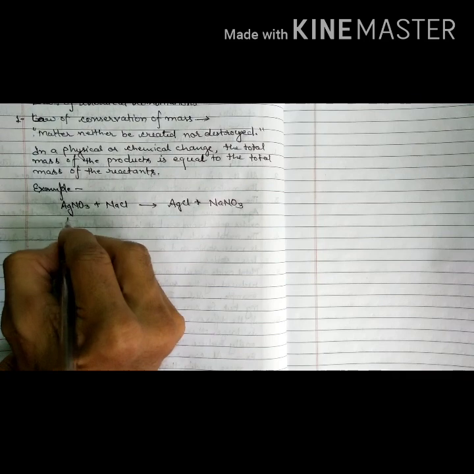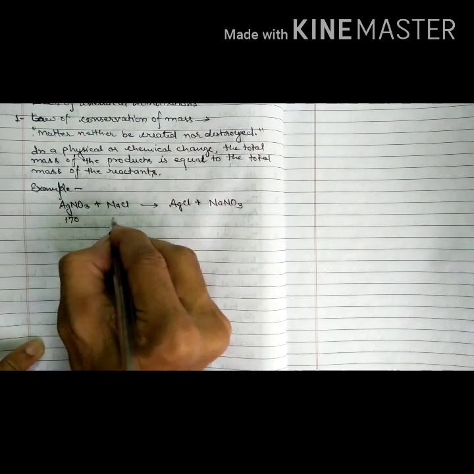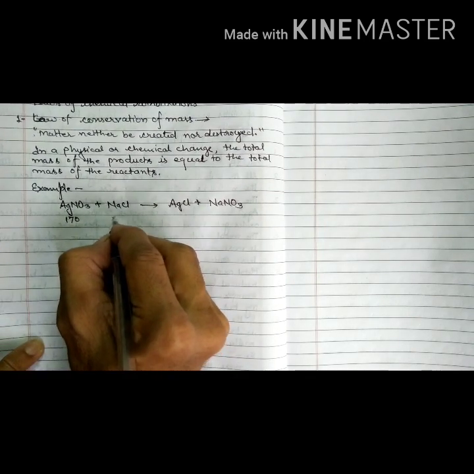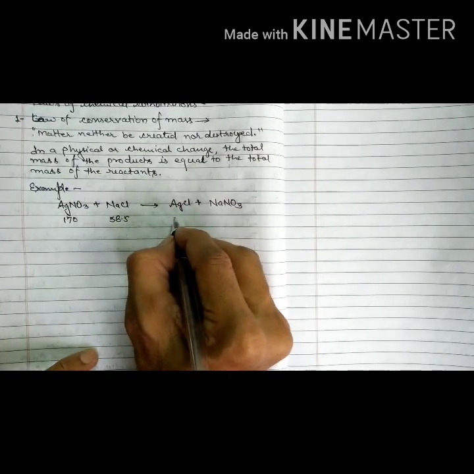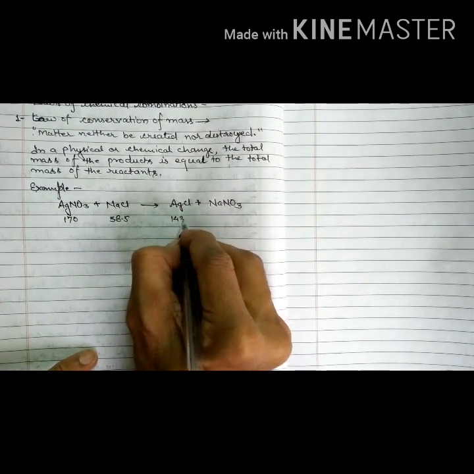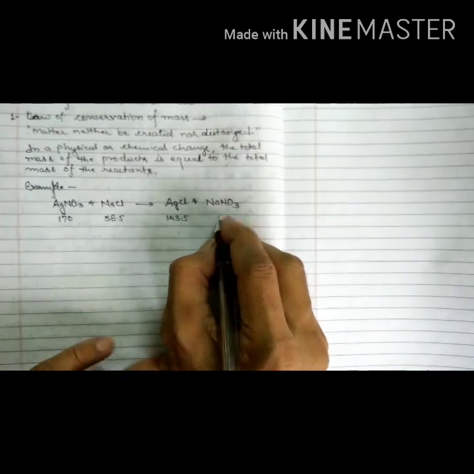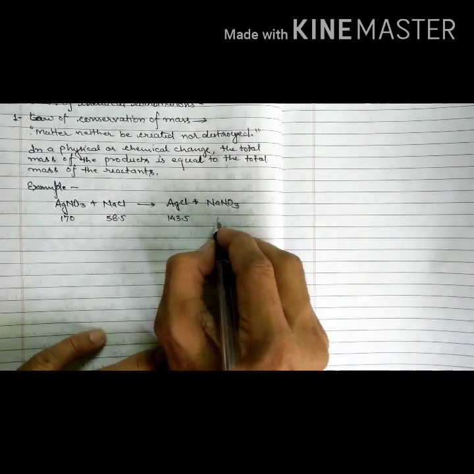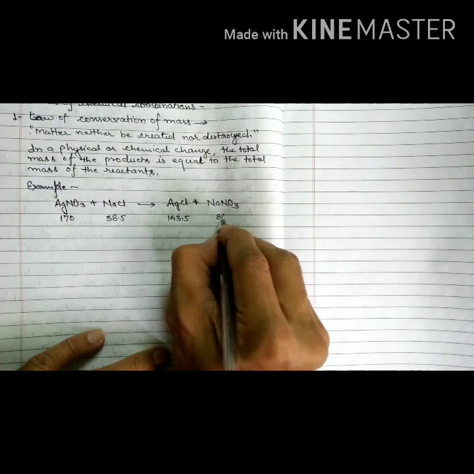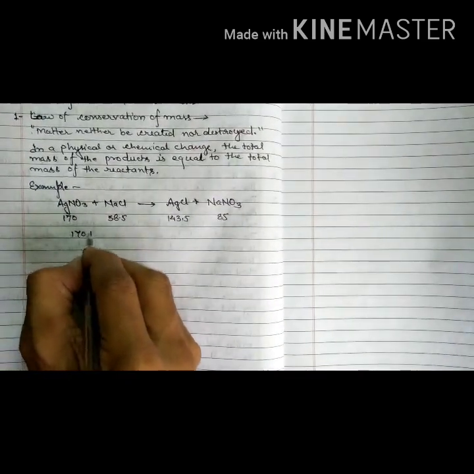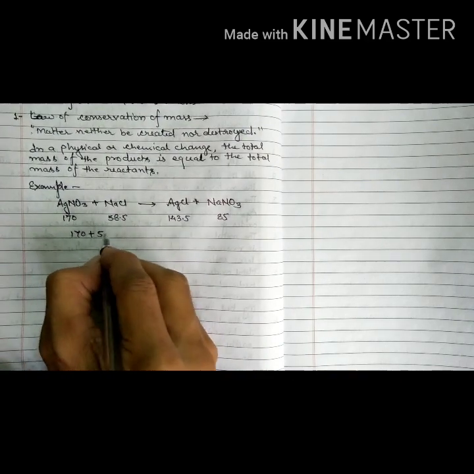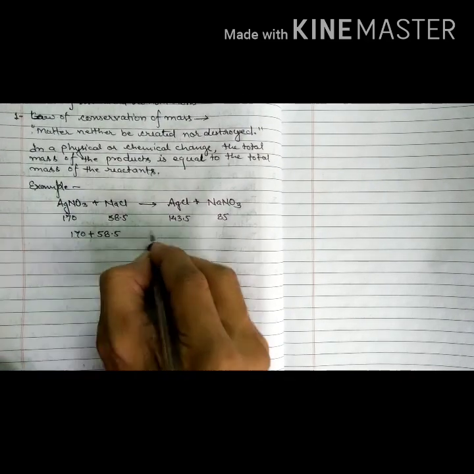If the mass of silver nitrate is 170, of NaCl 58.5, of AgCl 143.5, and of sodium nitrate 85, then we have to add 170 and 58.5.